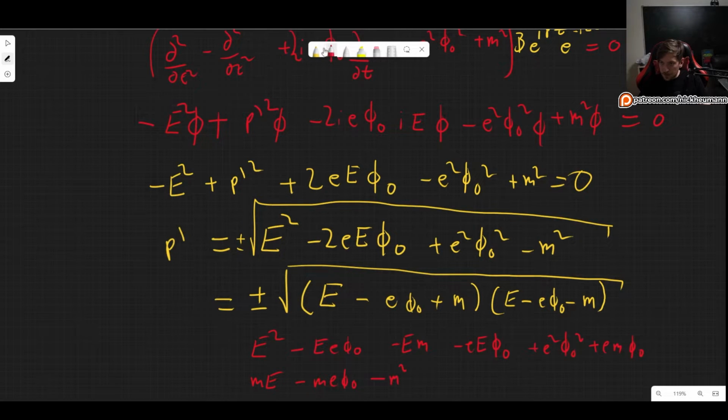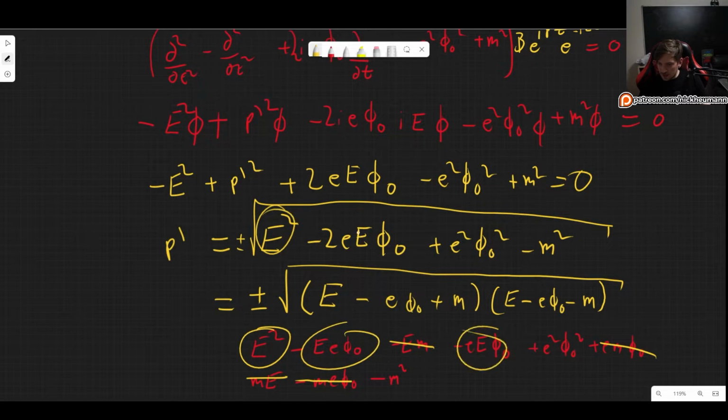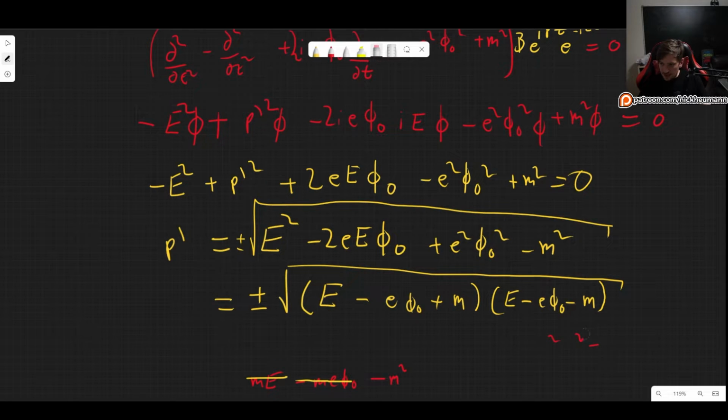So let's see. This term, me phi 0, cancels out this one. Then we have me, which cancels out this one. And we end up with this is that, this is that, and this is that. So yeah, this is indeed correct. So we can have that happily.